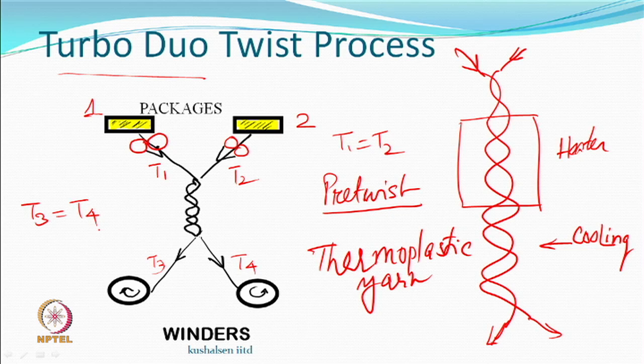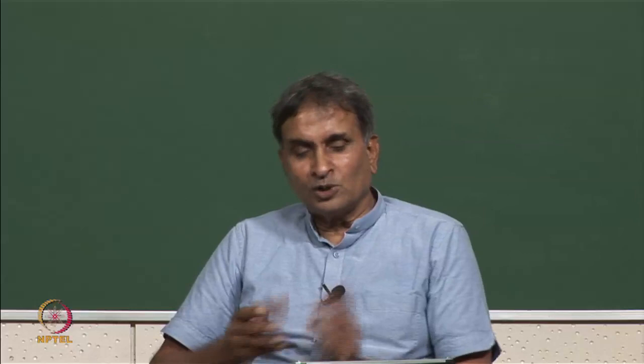If you do these conditions, then you can continuously keep feeding the yarn into the twisted zone and continuously keep withdrawing from the twisted zone, and this so called twisted area or length will more or less remain stationary at the same point. It will appear to be there, remaining there. Smart thing, isn't it?